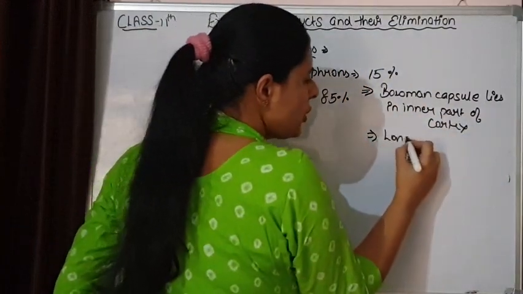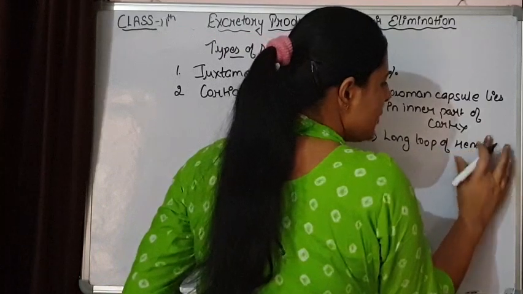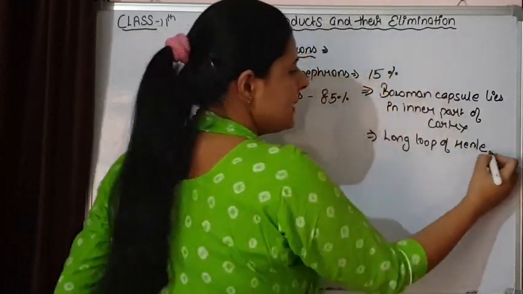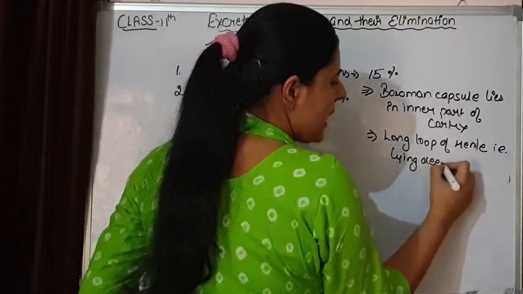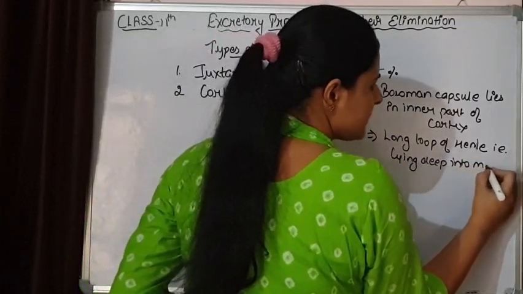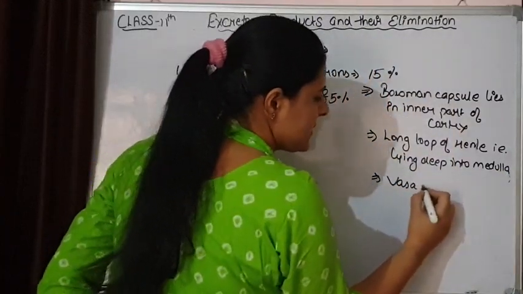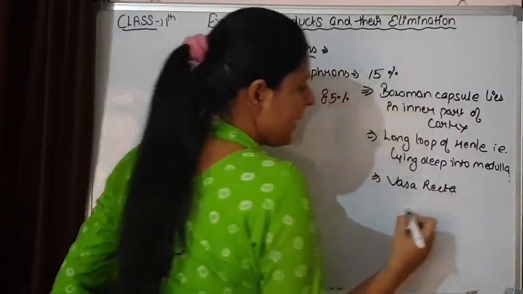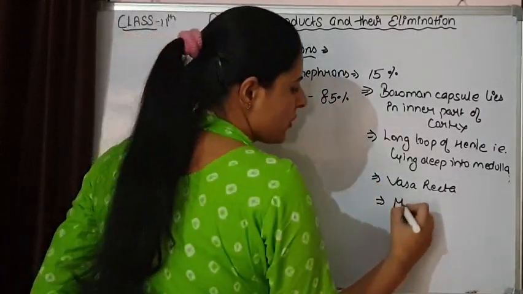There is a long loop of Henle, meaning the renal tubule is long, and that is lying deep into the medulla. Vasa recta is present, and they help in more absorption of water.